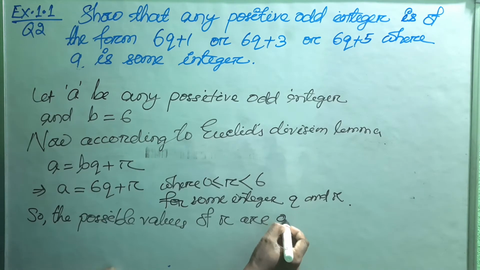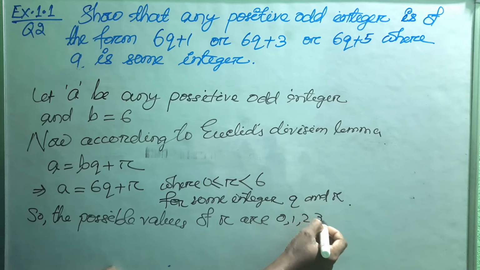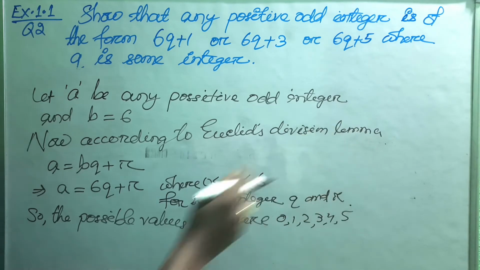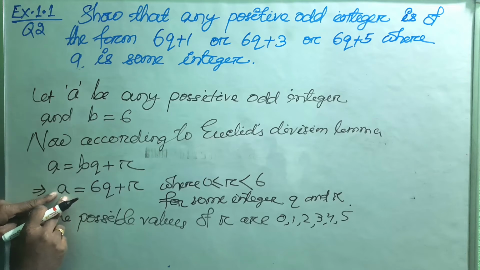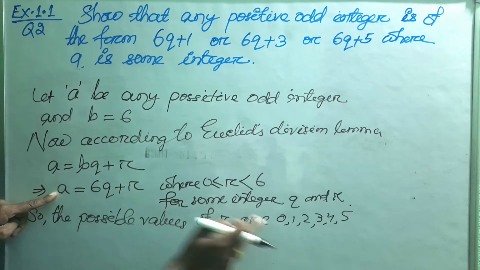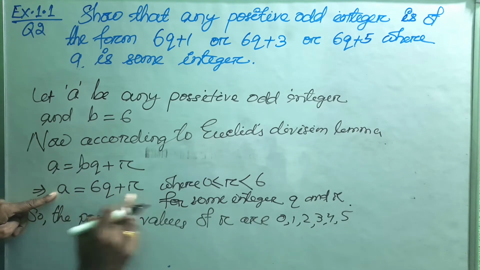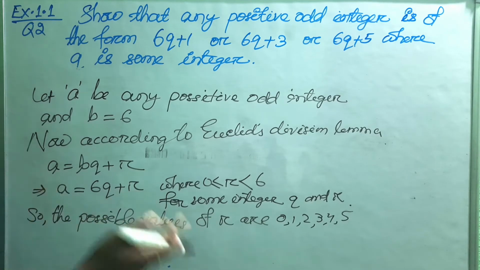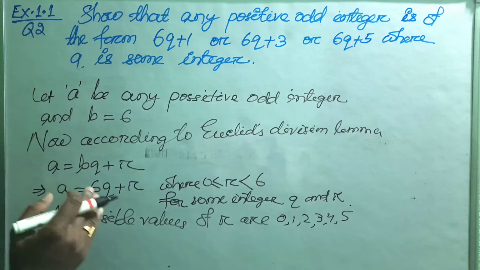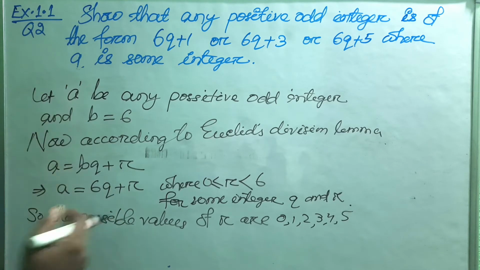So write down 0, 1, 2, 3, 4 and 5. If r has these possible values, then what will be the values of a? If we take r equal to 0, it becomes a equal to 6q. If we take r equal to 1, it becomes 6q plus 1, like this. So what are the possible values of a?